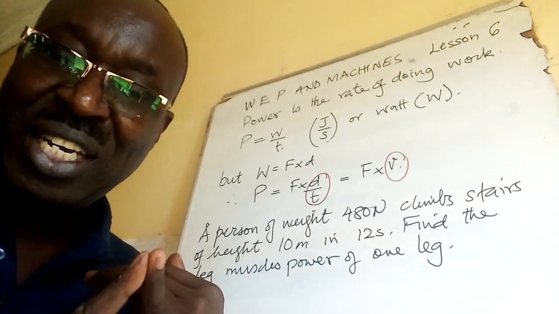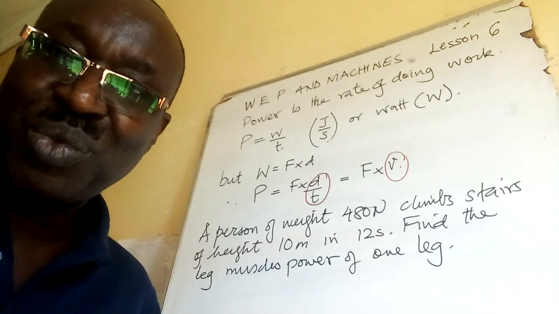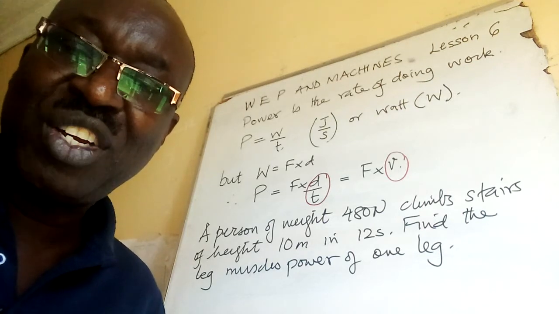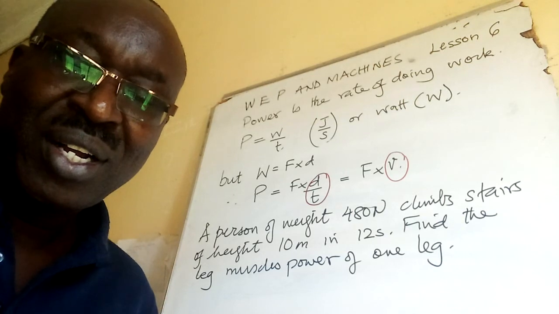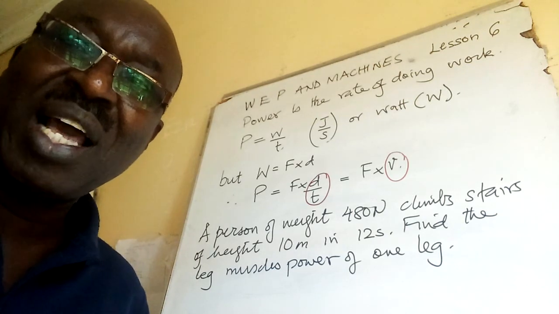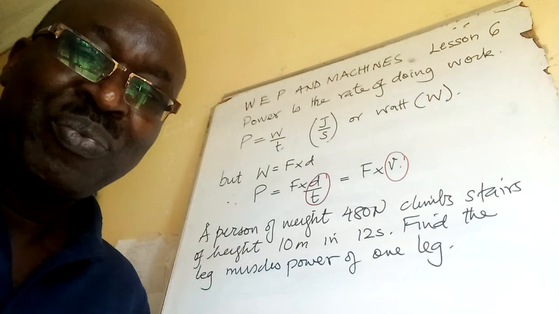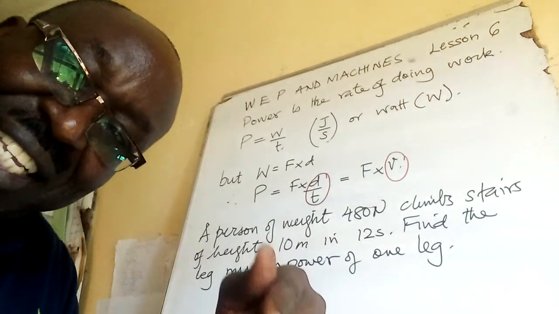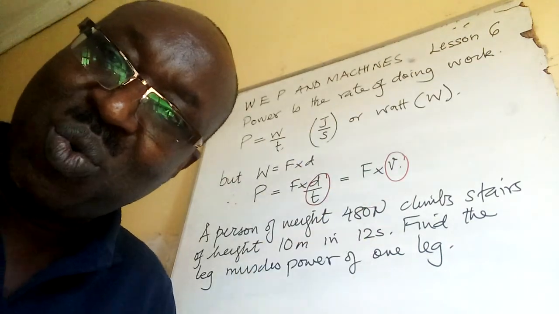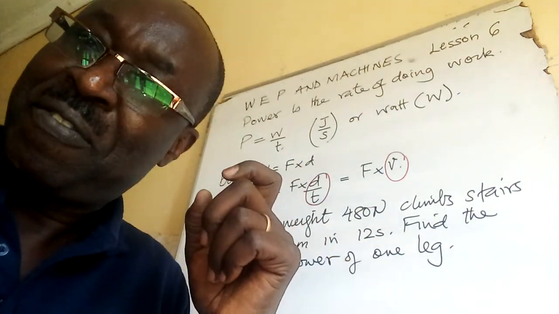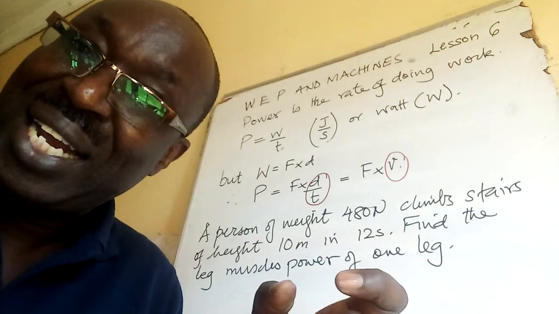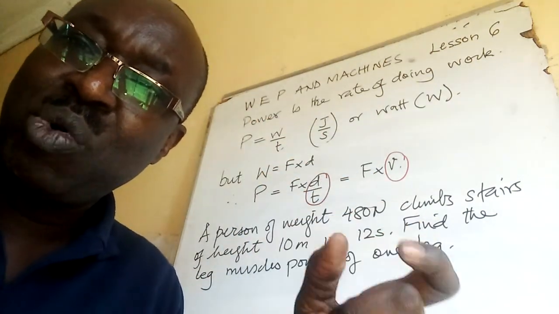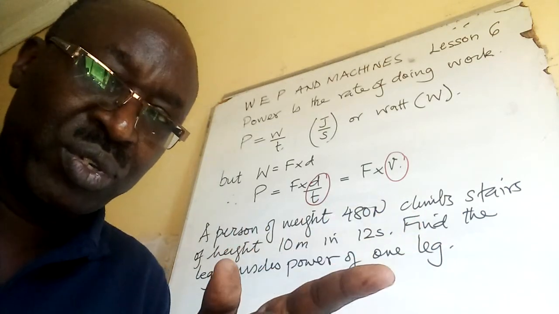Remember, we started with energy, we came to work, now we are doing power. Energy is the ability to do work. Then since we have the word work, we defined work as force applied on a body and that body moves in the direction of force.